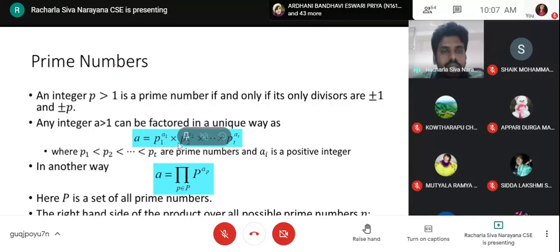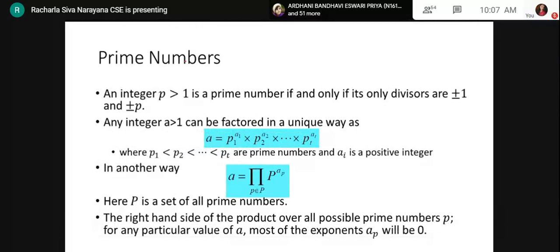Next, any integer a greater than 1 can be factored in a unique way. So we can write any number by using prime factorization. For example, take 91. We can write it as 7 into 13.